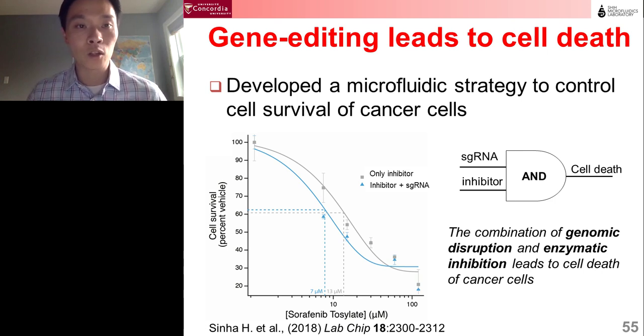And here we observed that with genomic disruption, lower dose levels are capable of reducing the cell viability. Essentially, what we're showing here is that the combination of genomic disruption and enzymatic inhibition leads to cell death of the cancer cells. So this is really nice, in that we essentially showed that we can automate the transfection, automate the cell culturing, the editing, and then finally automate the assay and also the analysis of whether it's been transfected, automating the efficiency of transfection and knockouts as well.